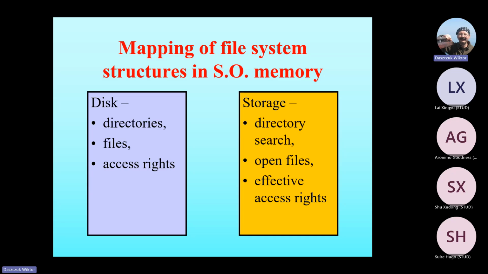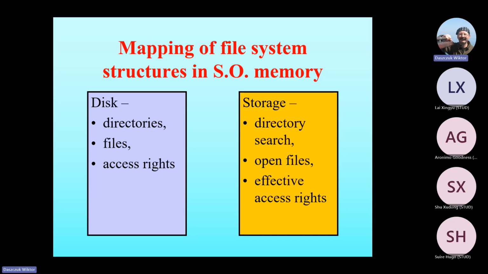We can say that operating systems look at the disk through a mail slot. So narrow mail slot, which is only those data needed to display them or to offer them to the program for data input and output.